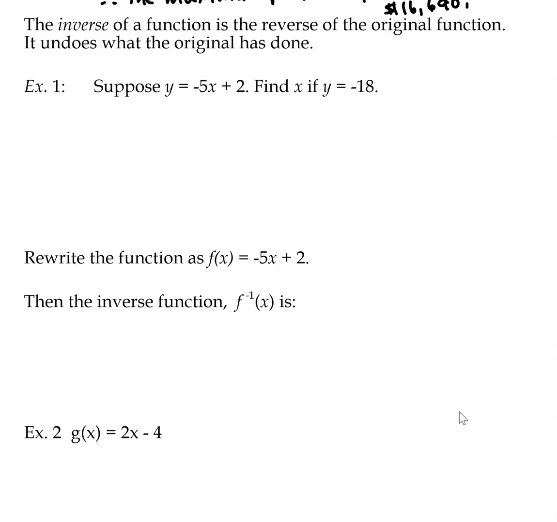Let's look at the first example. We've got a linear relationship and we need to sub in negative 18 for y. In order to isolate for the x, I need to move the 2 to the opposite side. In other words, subtract 2 from both sides.